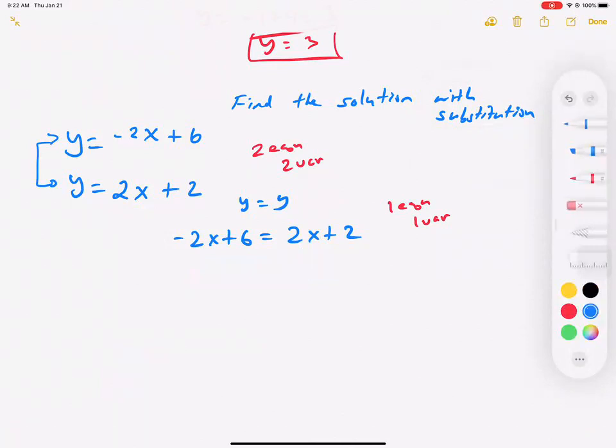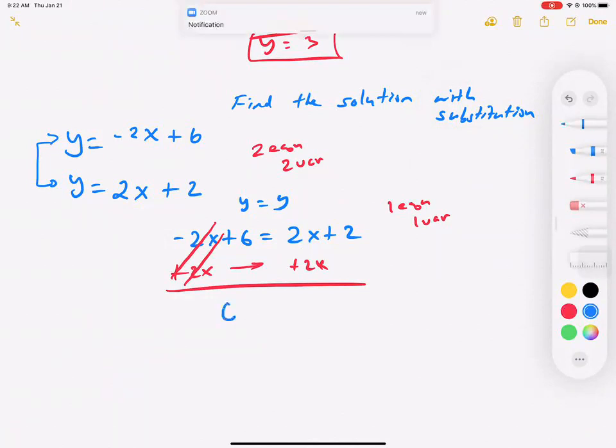The opposite of minus 2x here is plus 2x to both sides because we're moving it to the right. And you notice that this actually totally becomes 0. Negative 2x plus 2x is 0. 6 is equal to 4x plus 2. Now this really is back to day 1 math.